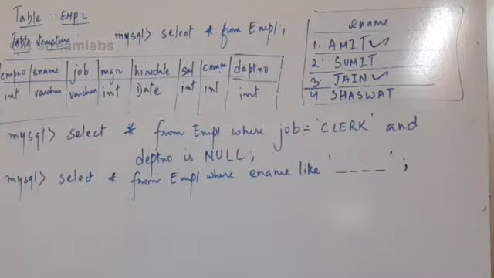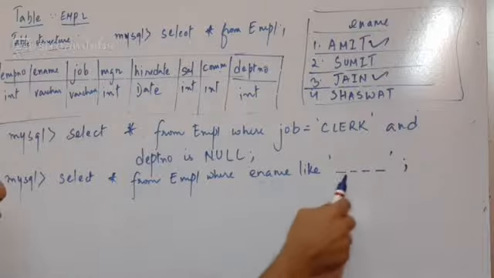Each underscore gives a count; it keeps track of exactly 4 characters under this ename column.